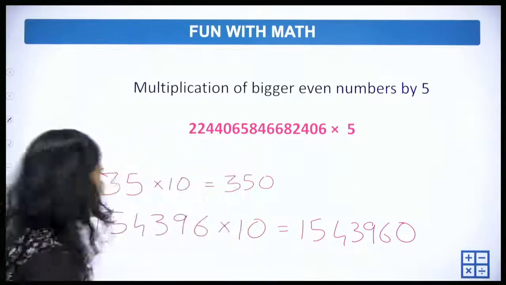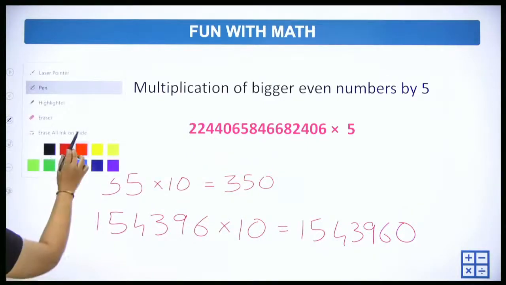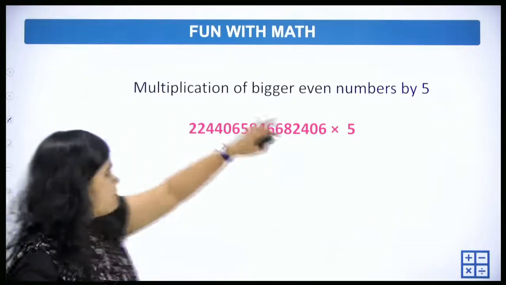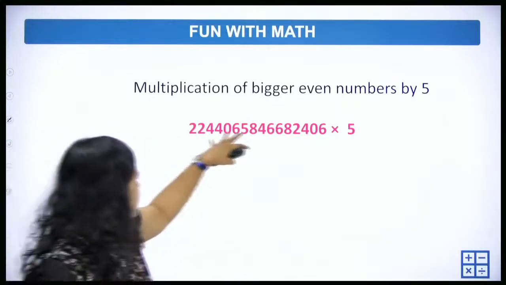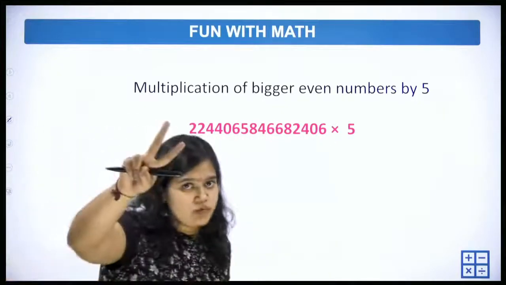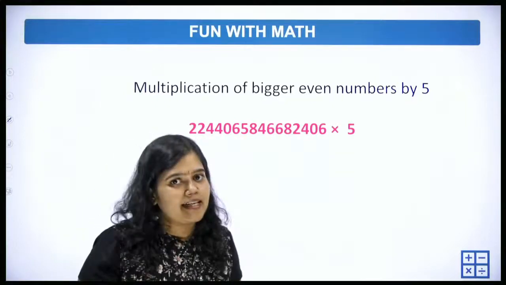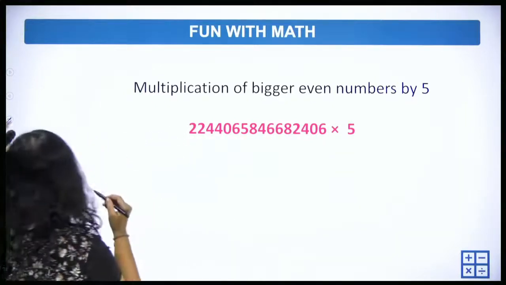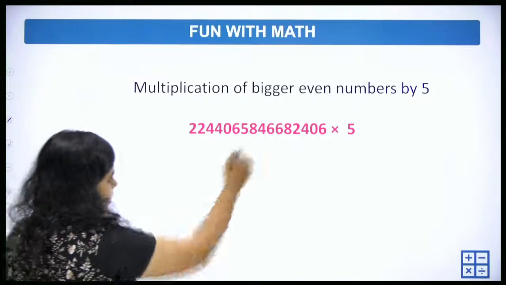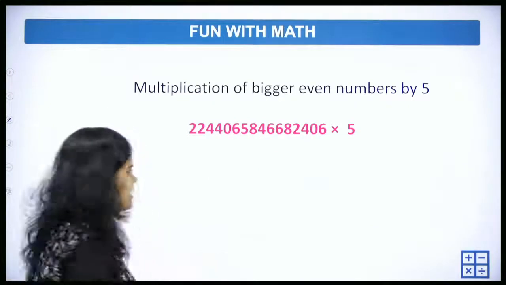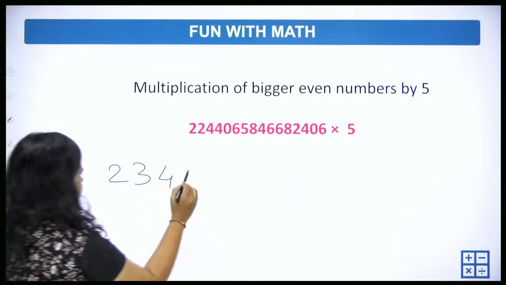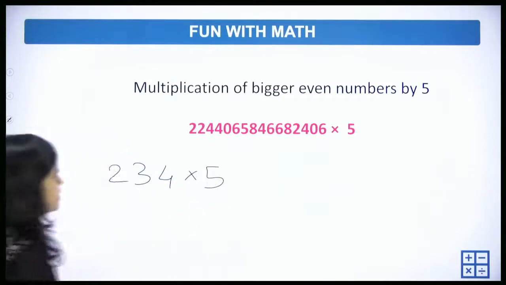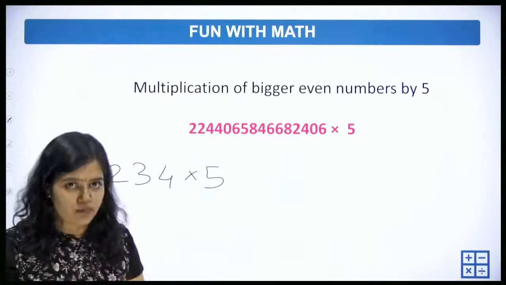Let's look how. So, how is it so simple? It's so simple for even numbers and how? The thing is, you divide the full number by 2 first and then multiply by 10. Before moving into bigger numbers, let's look at a smaller number. 234 into 5.